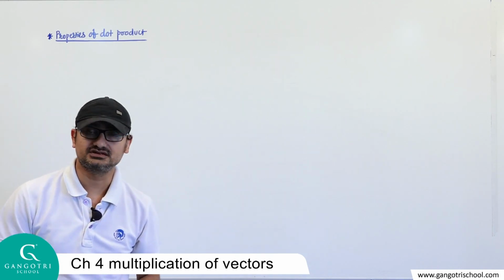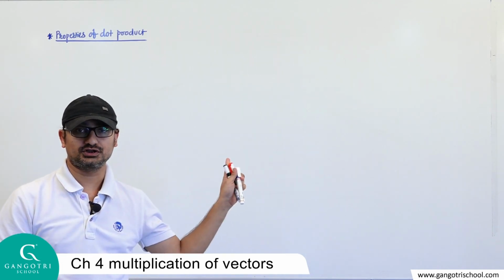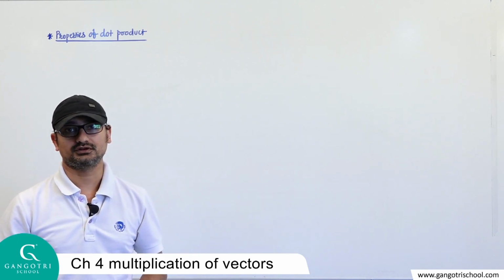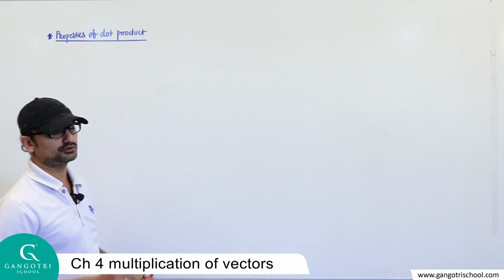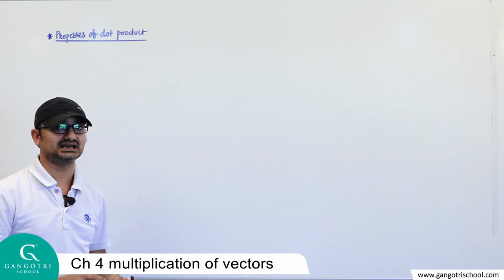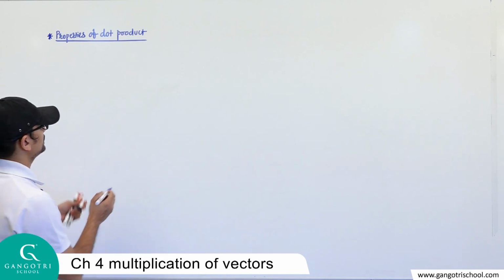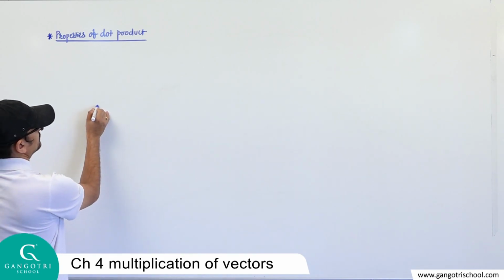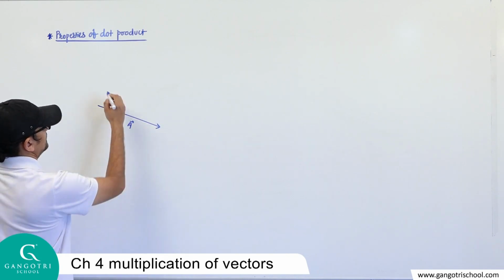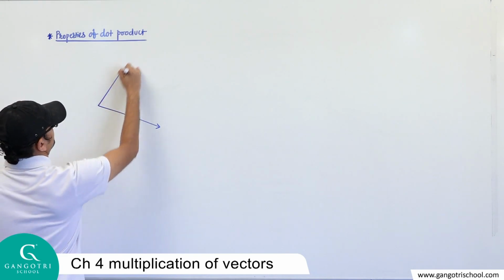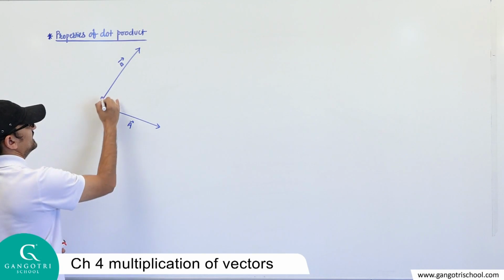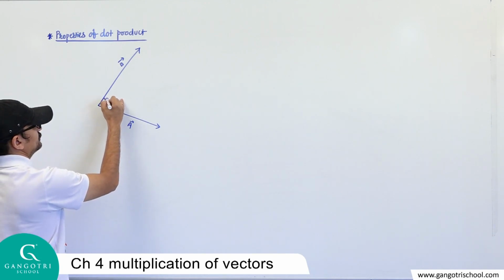So dear student, let's understand the last concept about dot product, and after that we will understand the properties of cross product. In case of dot product, the last most important point we will understand with the help of one diagram. For example, suppose this is vector A, and let's consider this is vector B, and the angle between these two vectors is, let's assume, theta.